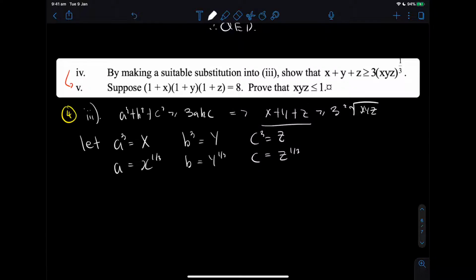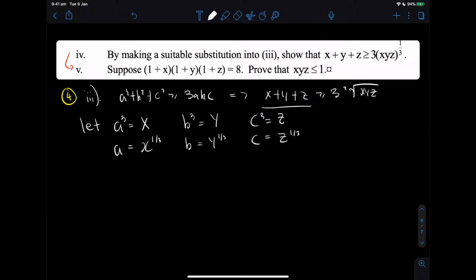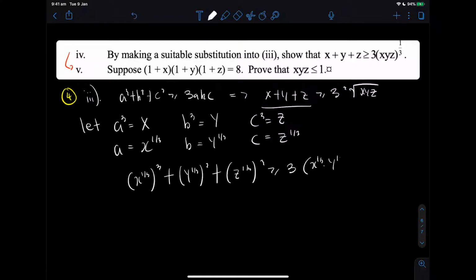Okay, so now writing out the same expression, we get x to the third to the power of 3 plus y to the third to the power of 3 plus z to the third to the power of 3 is greater than or equal to 3 times x to the third times y to the third times z to the third.